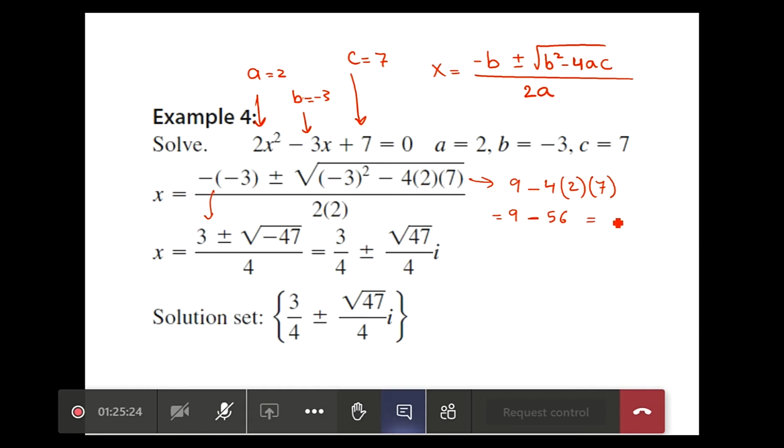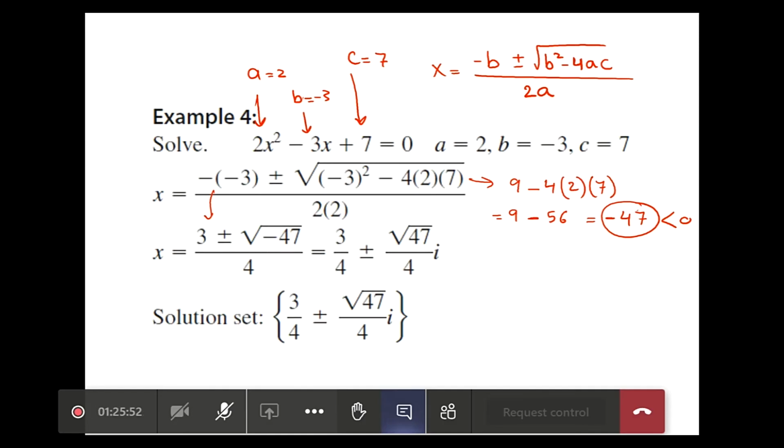So we have minus 47. So we have two complex solutions. Why? Because this is less than 0. Discriminant negative. So we have two complex solutions.